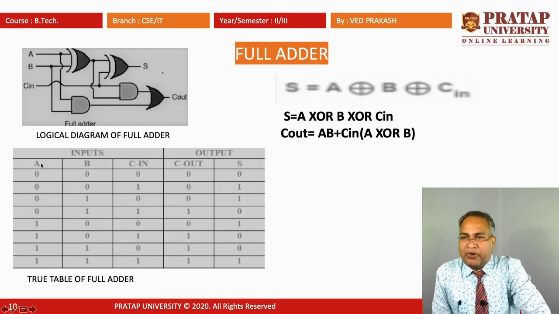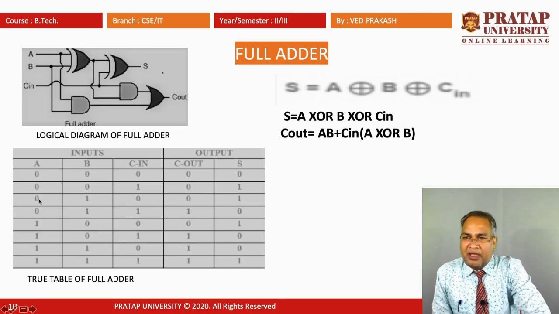Now, if the inputs A, B and C in are all 0, then carry output is 0 and sum is 0. If A and B are 0 and C in is 1, then carry output is 0 and sum is 1.